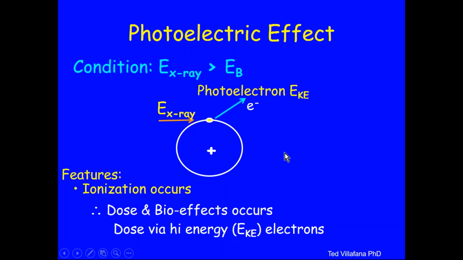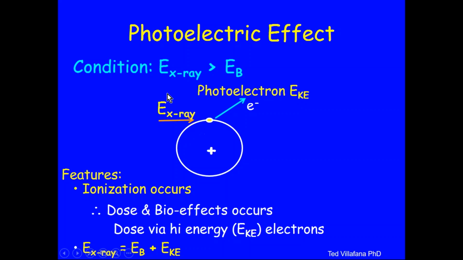The major mechanism of dose to a patient is the energy that the electrons had acquired that is totally absorbed in the patient. So ionization occurs, yielding kinetic energy electrons and going into patient dose. Down at the bottom of the slide, I've shown you the energy balance. In all of these interactions, always remember the condition and the balance.